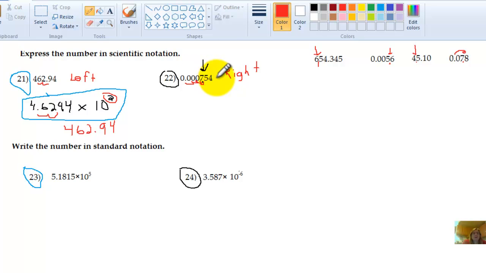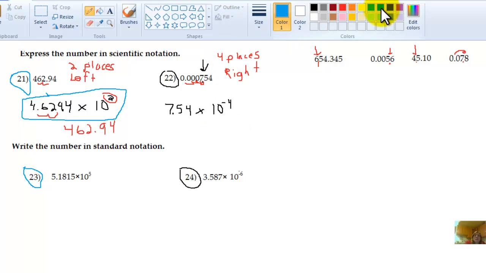So let's continue. We move 4 places to the right. 1, 2, 3, 4. So we rewrite our number as 7.54 times, and we moved to the right direction, 10 to the negative 4. I should probably put here we move 2 places left, and here we moved 4 places to the right.